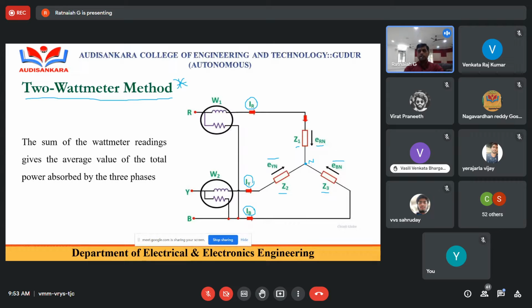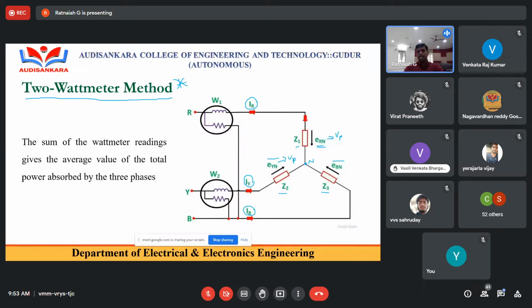Now, ERN is the potential difference between the line R and the neutral point. That's why I can take this as VRN. So this is a phase voltage. VYN is the potential difference between the line Y and the neutral point, and this is also a phase voltage.